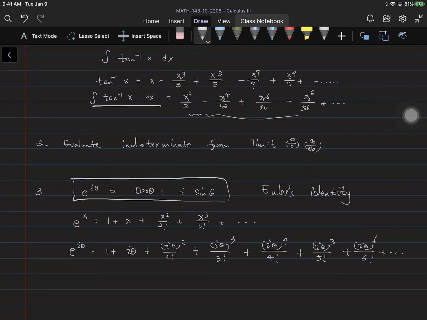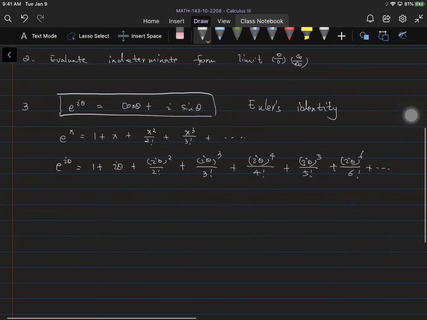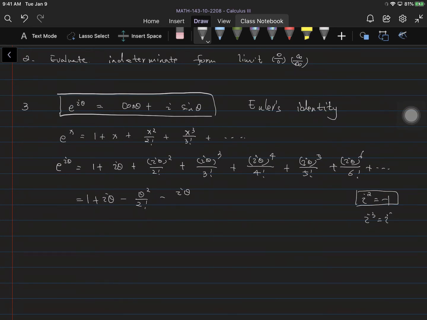Okay, let's write down those terms. And now simplify. We know i squared equals -1, right? Okay, imaginary number. So this becomes 1 plus i theta. And here i squared becomes -1, so minus theta squared over 2 factorial. Next is minus i theta cubed, since i cubed equals i squared times i, so it's the same as negative i.